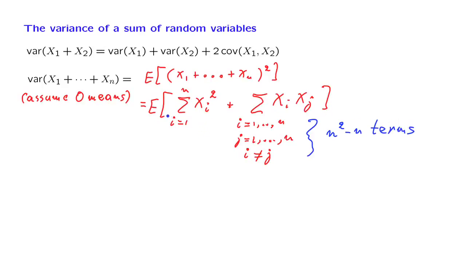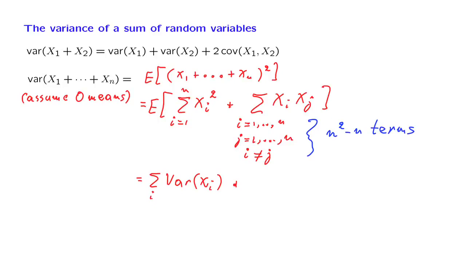Now, we use linearity to move the expectation inside the summation, and so from here we obtain the sum of the expected value of xi squared, which is the same as the variance of xi, since we assumed zero means.